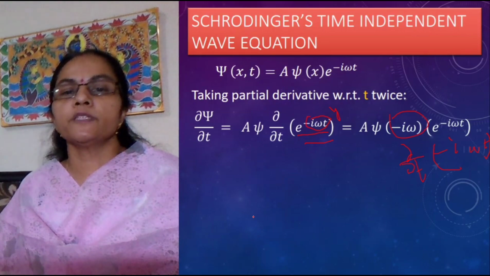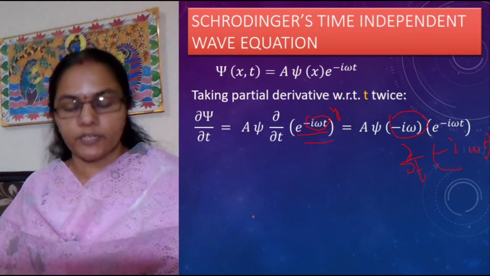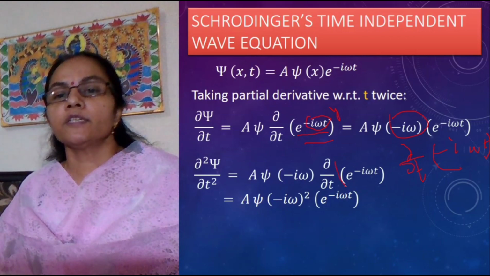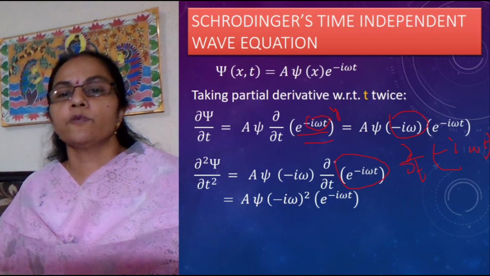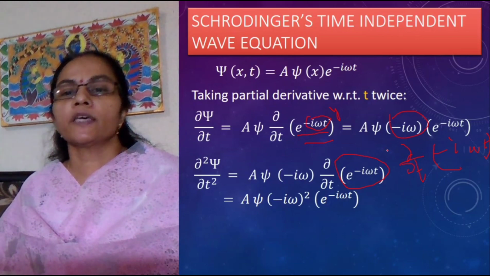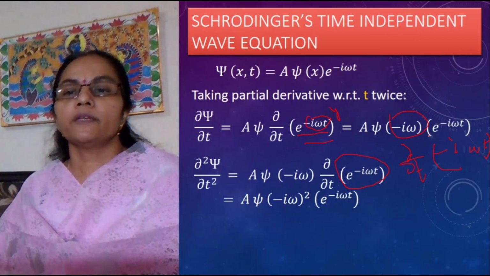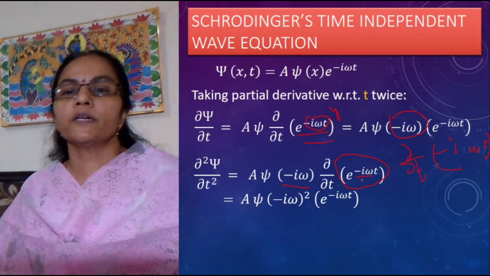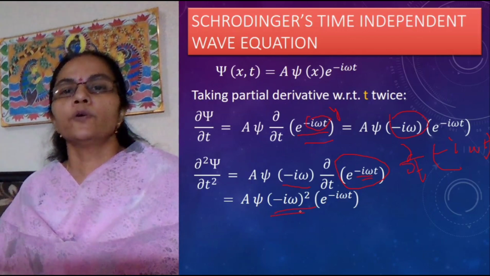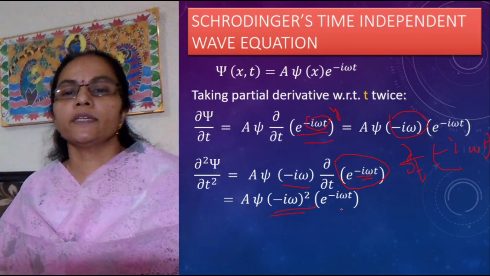Now if we derive this once more with respect to t, then here again we have to take the derivative of e to the power minus i omega t, and that will be the same term. We will get minus i omega into e to the power minus i omega t, and one more minus i omega will come from here, that will be equal to minus i omega whole square, and this is e to the power minus i omega t.